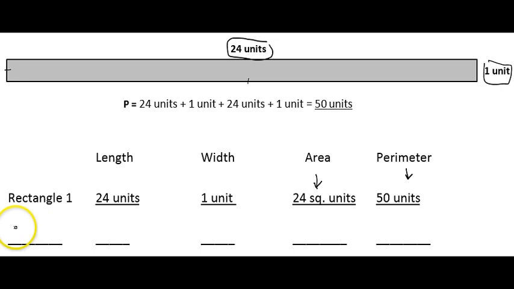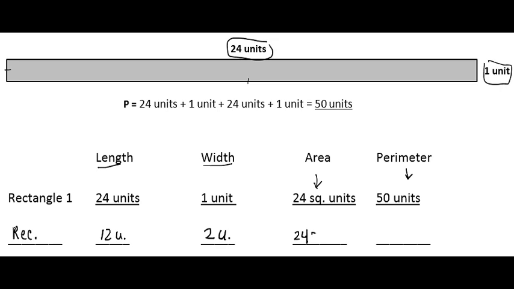Since I know to find my area, I have to multiply my length times my width to get 24. Let's change our width to 2 units, and 2 times 12 would give me 24 square units for an area.